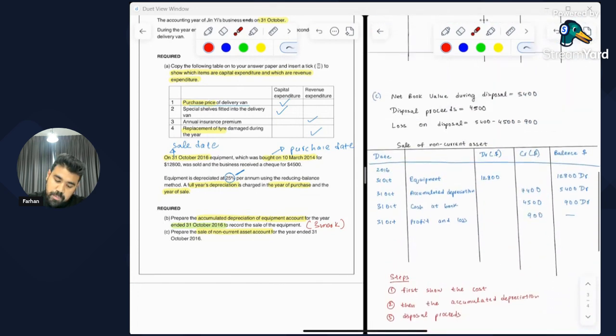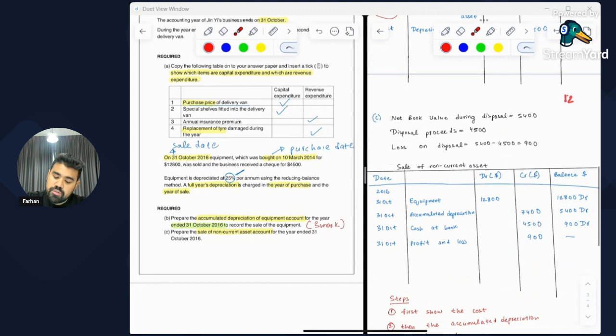So in the first year, we have got a depreciation of 3,200. So 12,800 minus 3,200. In the second year, we got a depreciation of 2,400. And in the third year, we got a depreciation of 1,800.